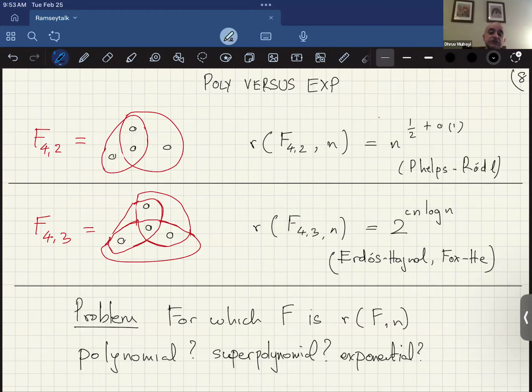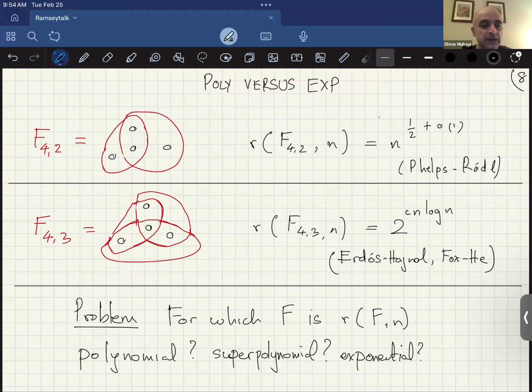And already there's an interesting question. That's the main question of this problem: when is it polynomial and when is it exponential? We've already seen that if you forbid a clique, it's exponential, even if it's a clique as small as possible. So this is the main question of this talk, about what determines whether the growth is polynomial or exponential or in between.